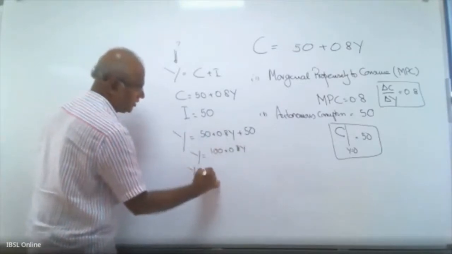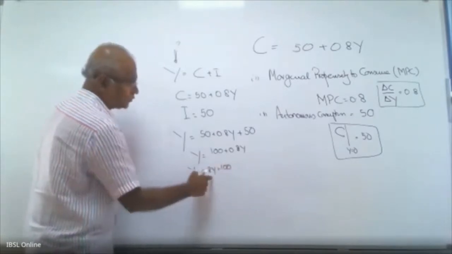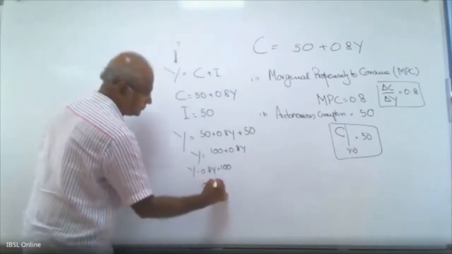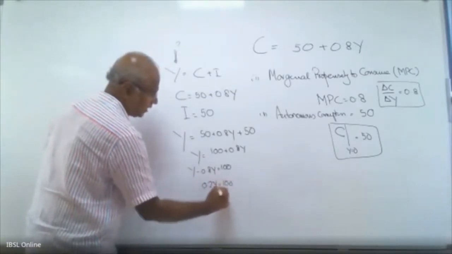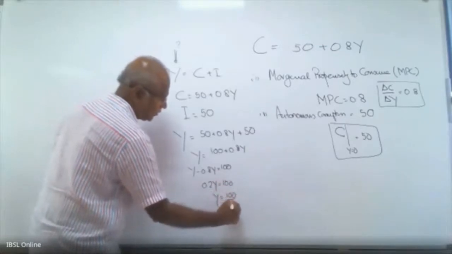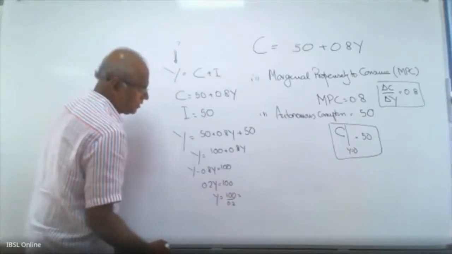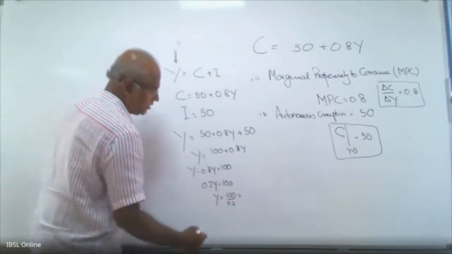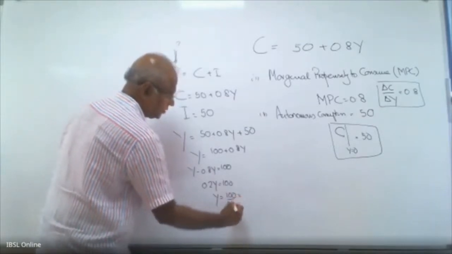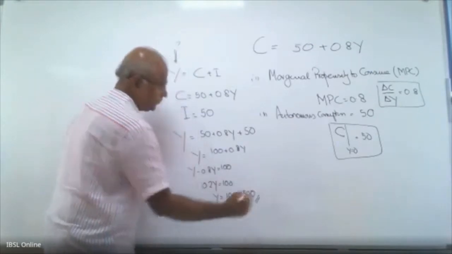Y minus 0.8y equals 100. Y minus 0.8y is 0.2y. Therefore, Y equals 100 divided by 0.2, which is 500.